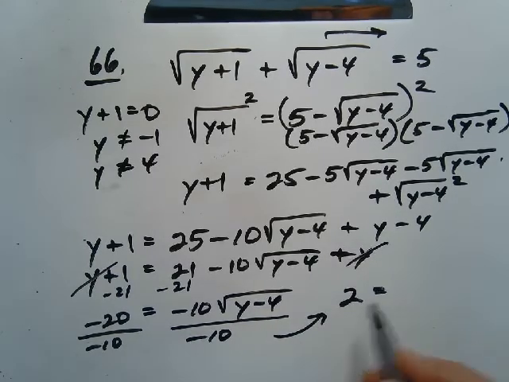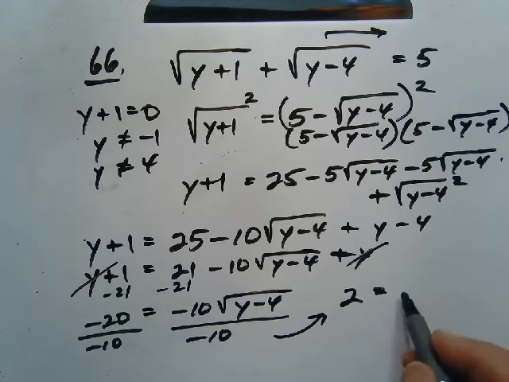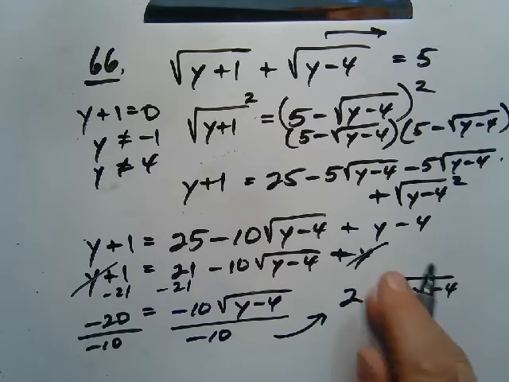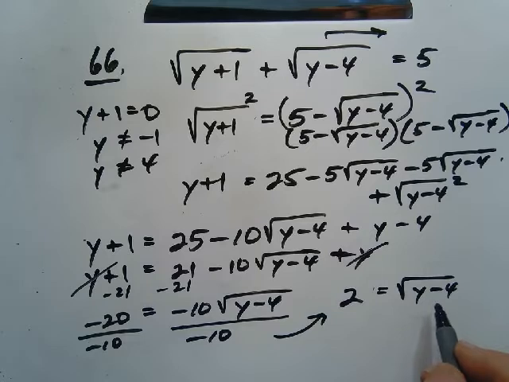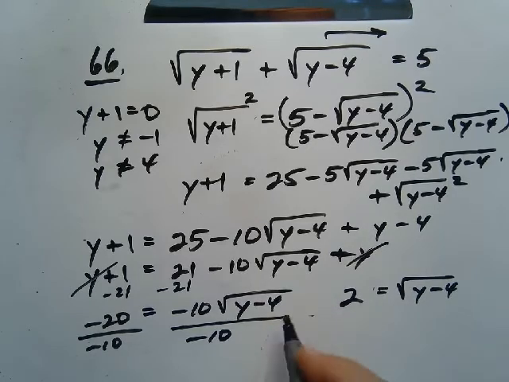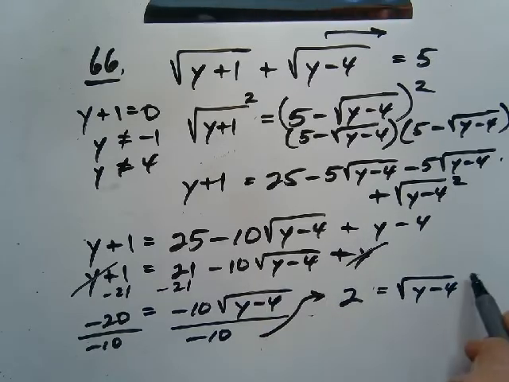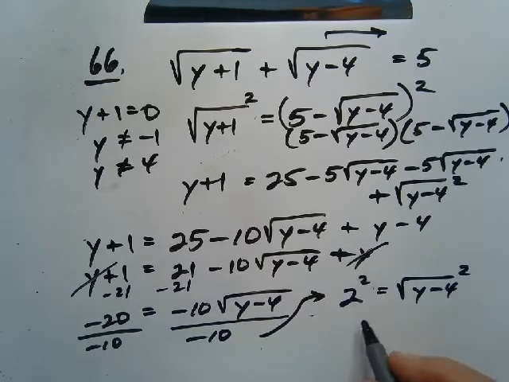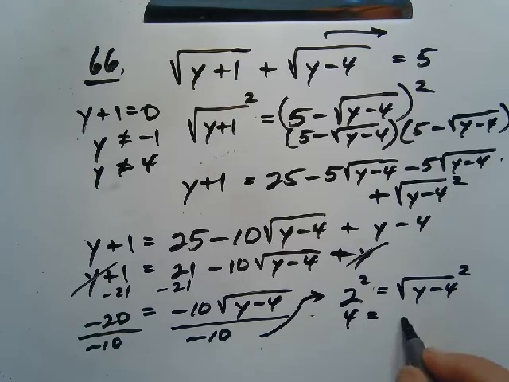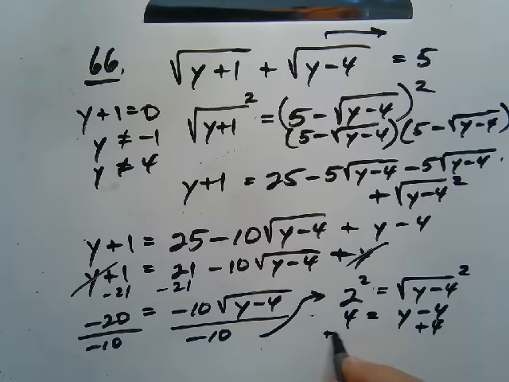Negative 20 over negative 10 is 2, equals root y minus 4. We're pretty much out of room here, but I'm going to try to continue. If I square both sides, I'll get 4 equals y minus 4, since the square and the square root undid each other. And if I add 4 to both sides, I end up with 8.